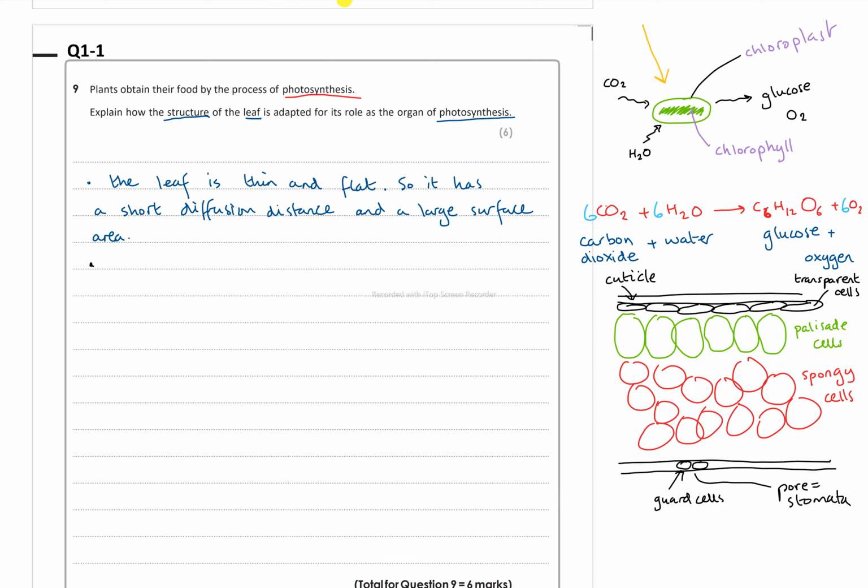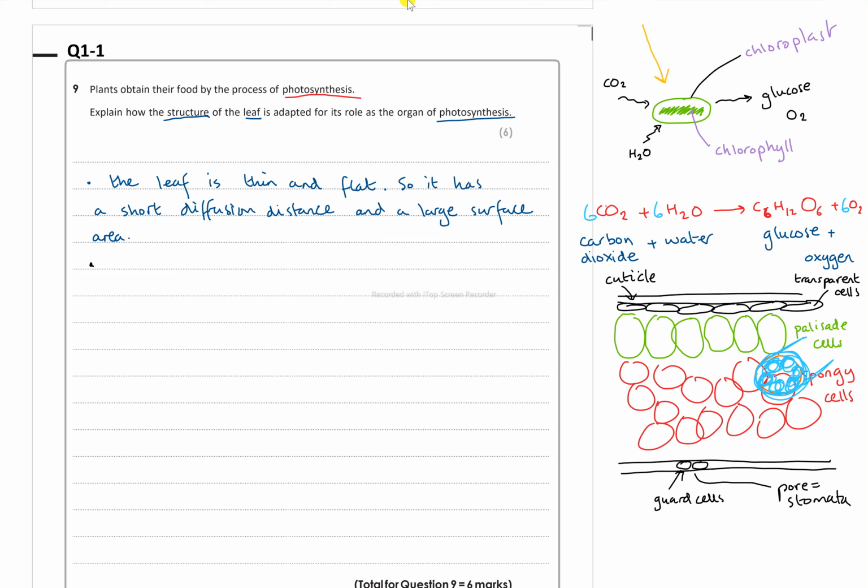Oh, you also have this structure as well, which we can't forget. You've got a vein running through. I think it depends on the type of plant as to what sort of structure this is. So that's a vein running through.